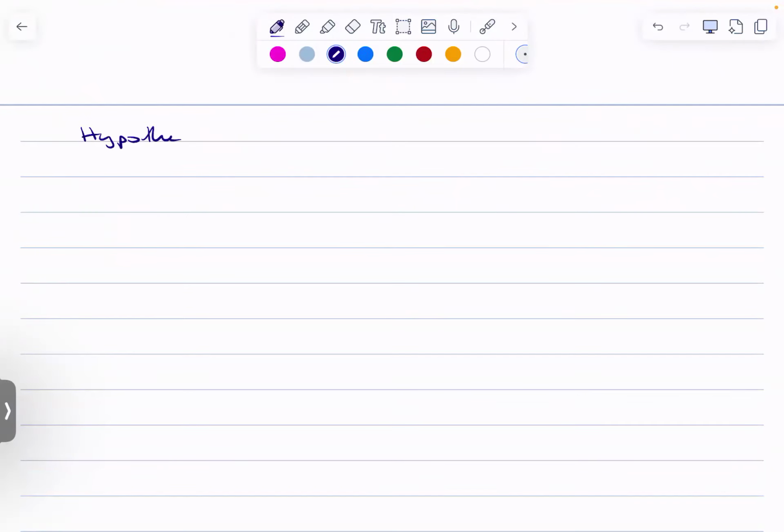So hypothesis testing, or HT, as I'll call it, has 4 steps. I break it down into 4 steps, depending on who you're talking to.